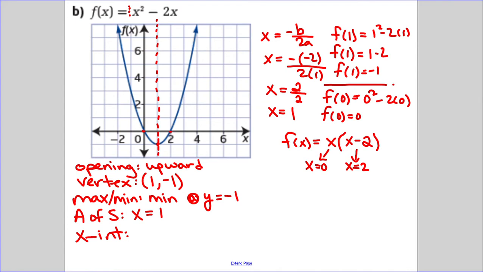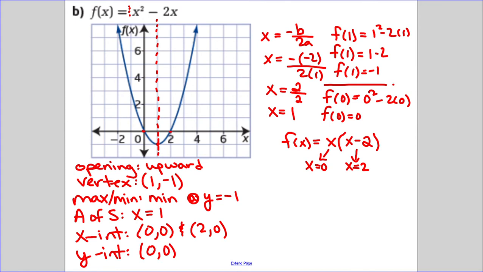And so our x-intercepts are going to be 0, 0, as well as 2, 0. Our y-intercept we knew from earlier because we plugged it in, but you can also see it from the graph. Looks like it's at 0, 0.